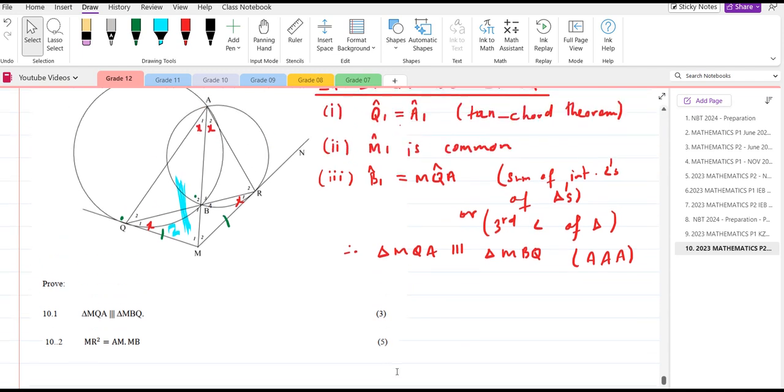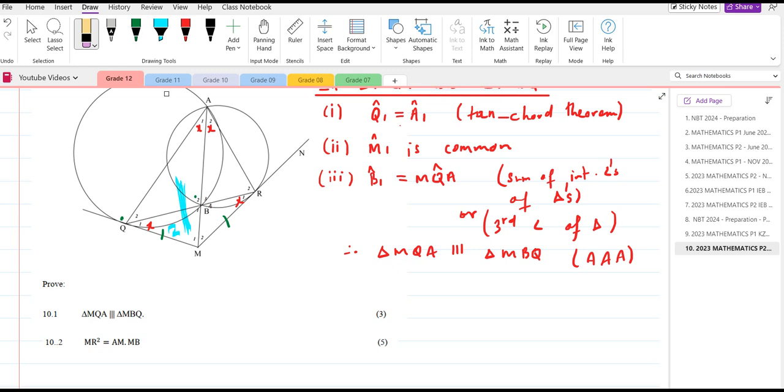So we're dealing with this side here, which is MR. But now remember, MR will be equal to QM. We clearly don't have MR here, but we've got MQ, which is equal to AM times MB.